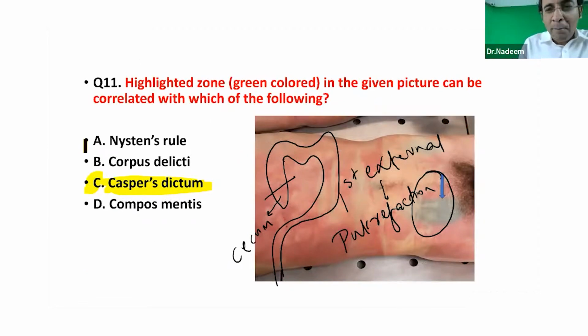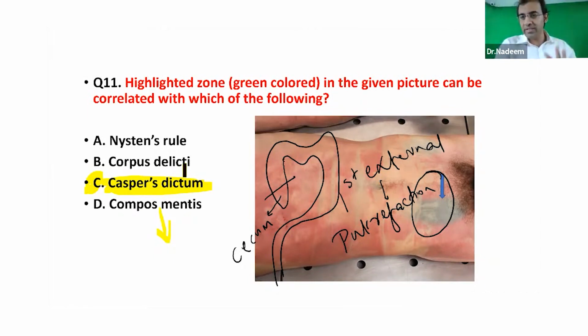What about compos mentis? Do you remember the meaning of compos mentis? This question was there. Suppose a person is going to die and he wants to give a will, or any kind of testament, or a dying declaration, just before death.